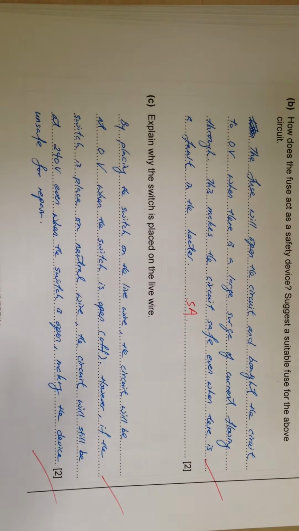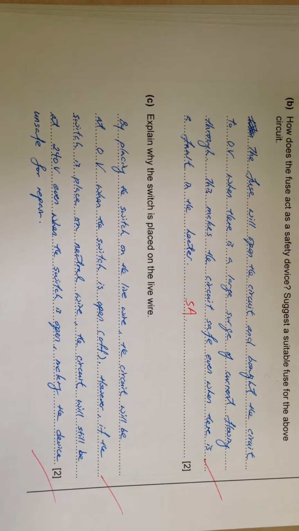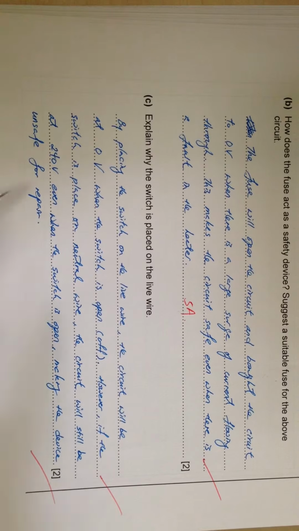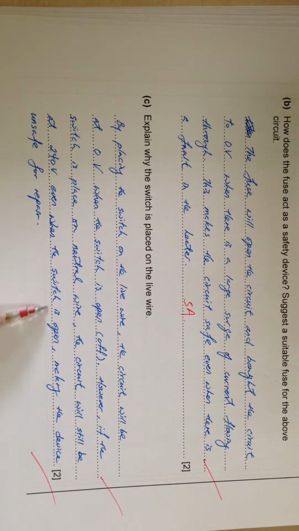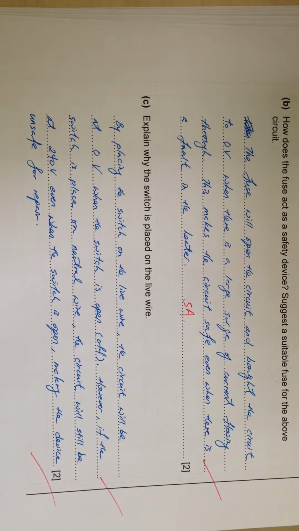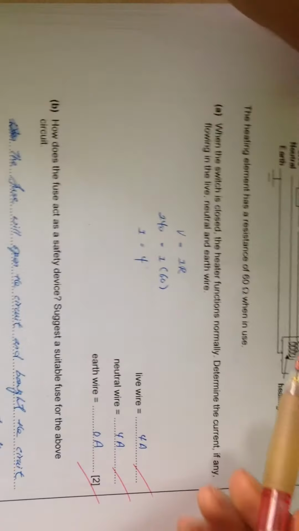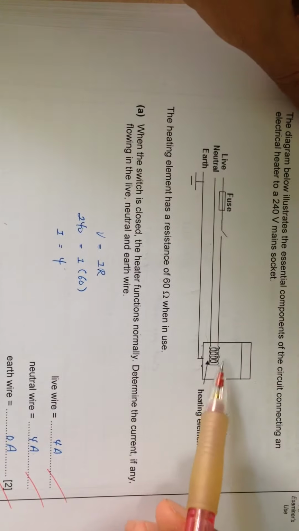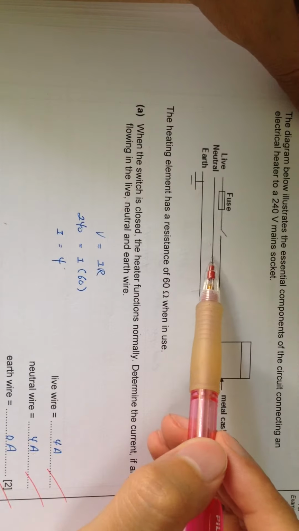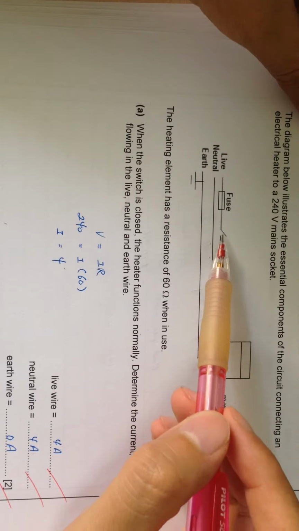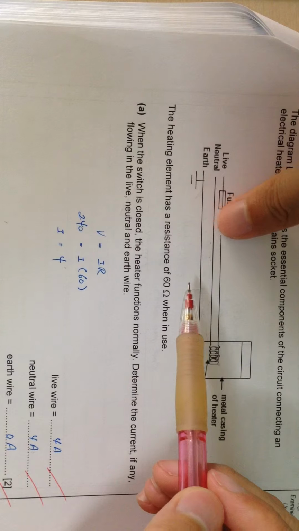However, if the switch is placed on the neutral wire, the circuit will still be at a high potential of 240 volt even when the switch is open, and this will make repair unsafe. Because even if you put the switch on the neutral wire and switch it off, if you touch this coil, okay, imagine there's no switch here.